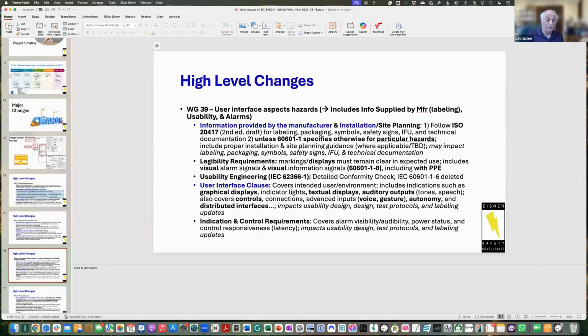So, information provided by the manufacturer, ISO 20417, something you're going to have to get to know because we are going to be relying on that significantly. It's a newer standard. It's in first edition. We have already worked on the development of the second edition, which I am on the committee for, and it should be publishing near the end of this year. If there's specific hazards that are addressed in 601, we'll do the hazards out of 601.